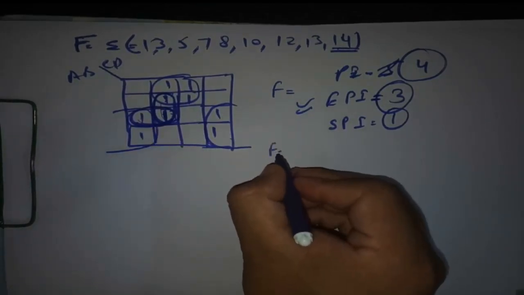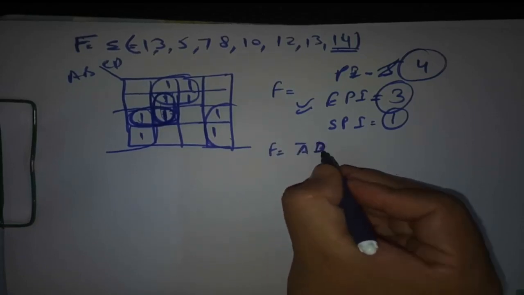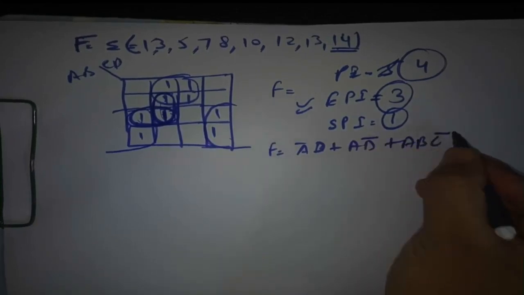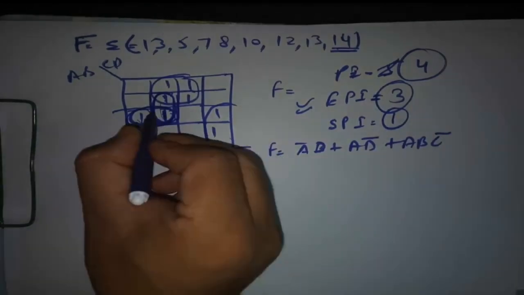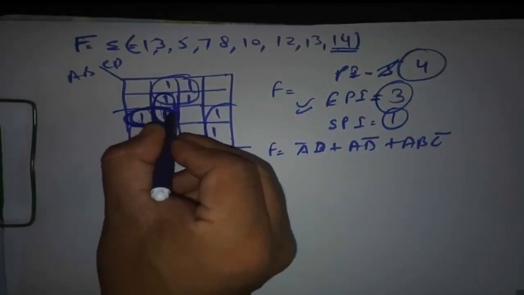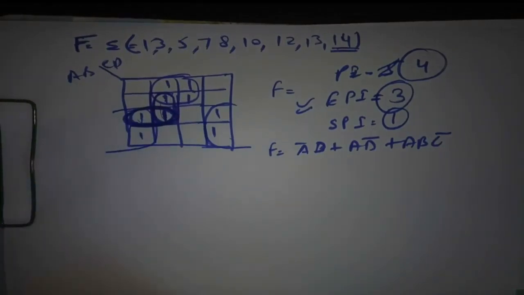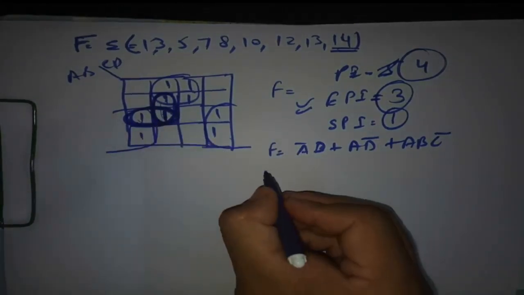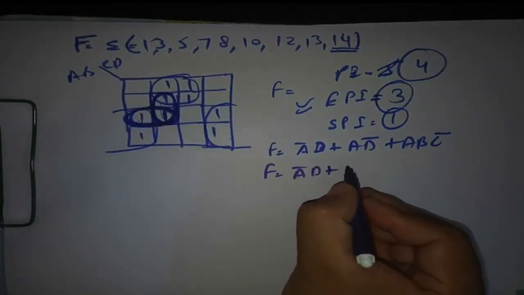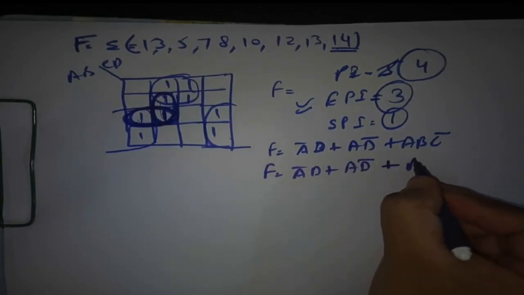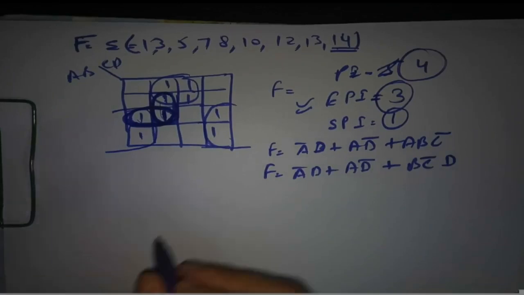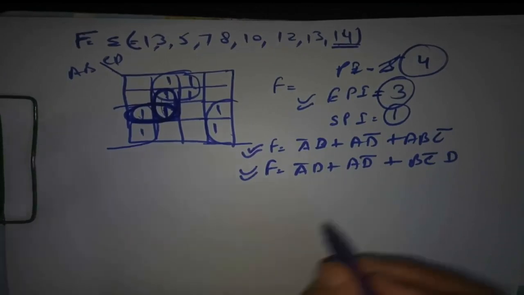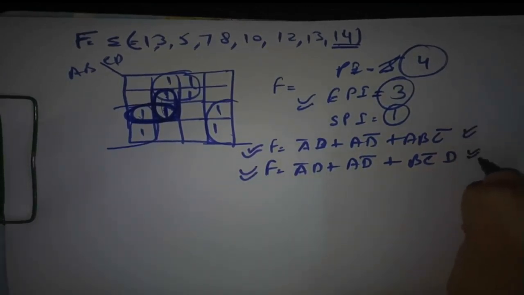That means the output of that particular function will be A bar D plus A D bar plus A B C bar, or if we take this group as an essential prime implicant, the function will be A bar D plus A D bar plus B C bar D. Both functions are correct, and this selection totally depends on the user.